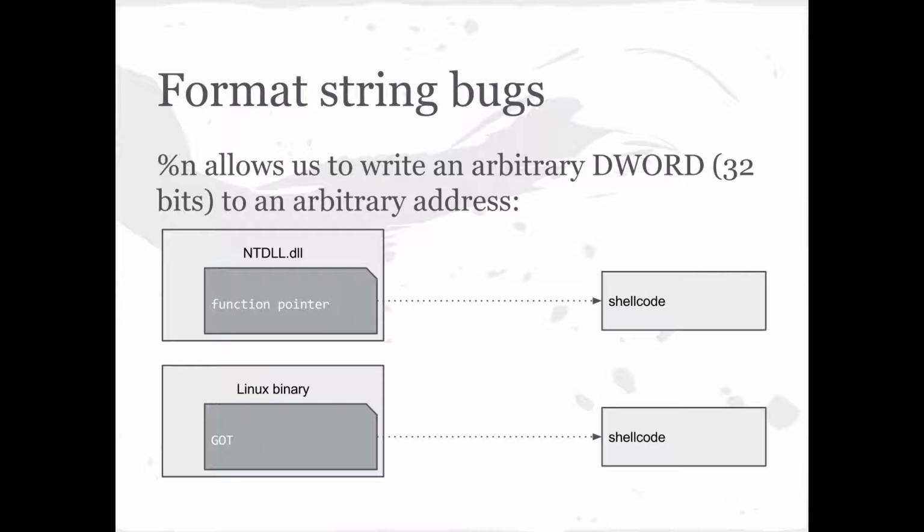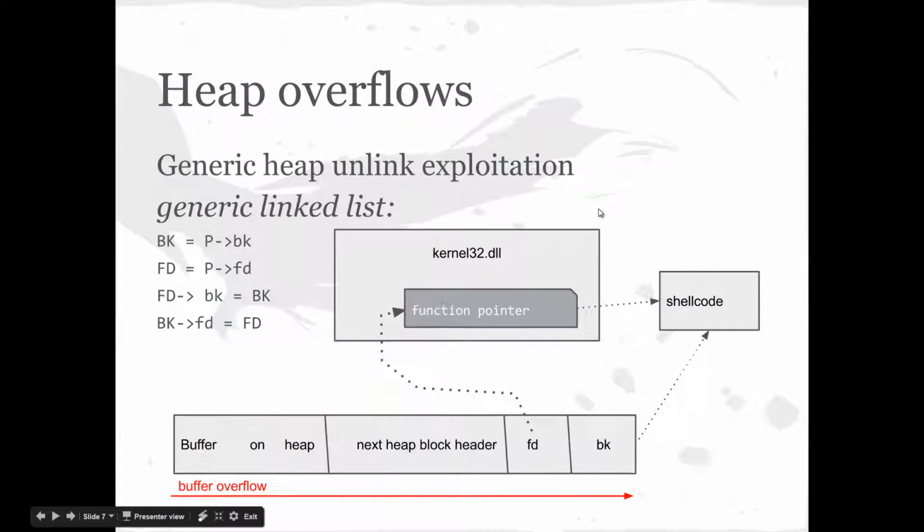So %n allows us to write to an arbitrary address, which allows you to overwrite, say, jump slot entries in the GOT to point to your shellcode, or function pointers in NTDLL if it's writable to point to your shellcode.